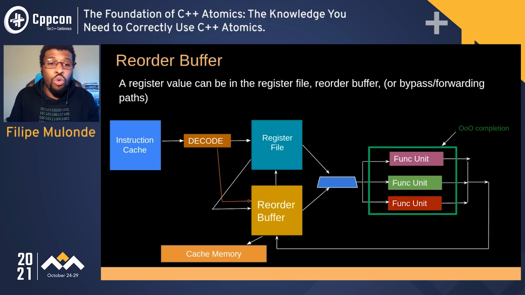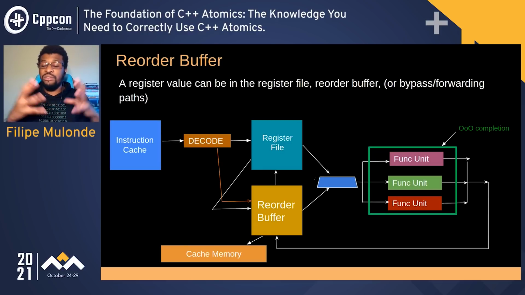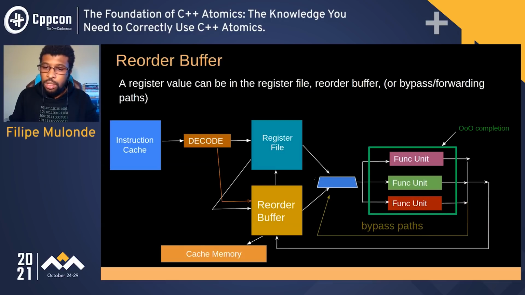And after that, we go after the operands of an instruction, first at the register file. If the value is not in the register file, we go to the reorder buffer. And if the value is not in the reorder buffer, we can get the value from the bypass path. Now let's see how the bypass path works.